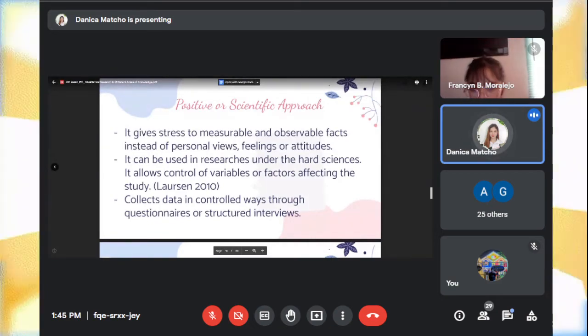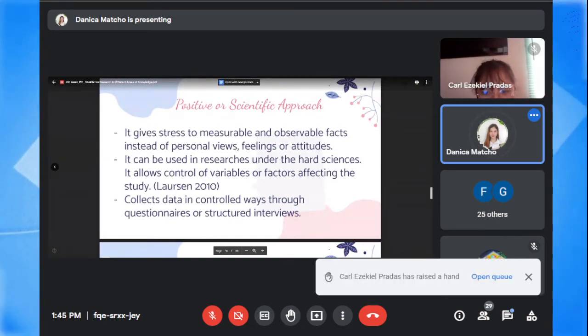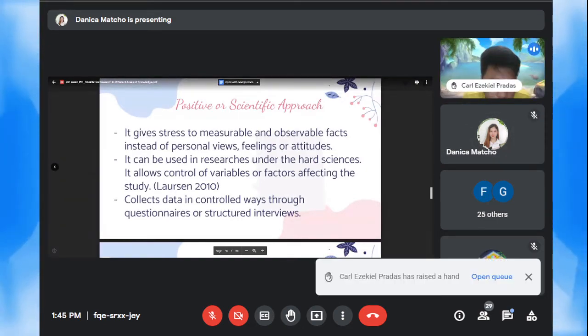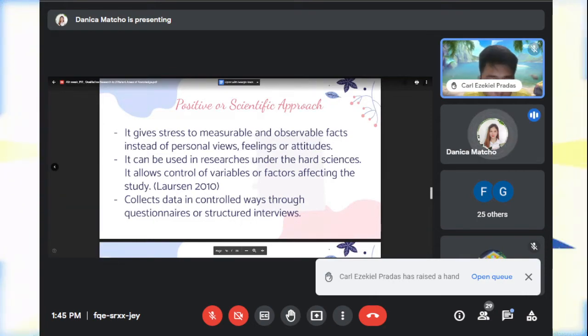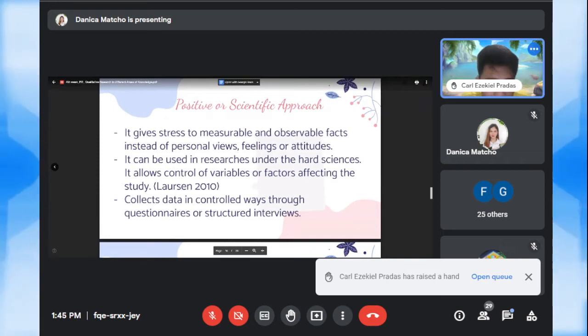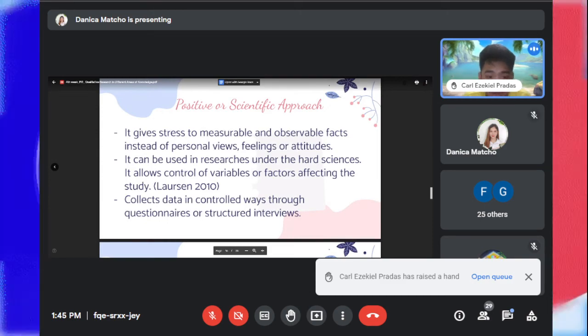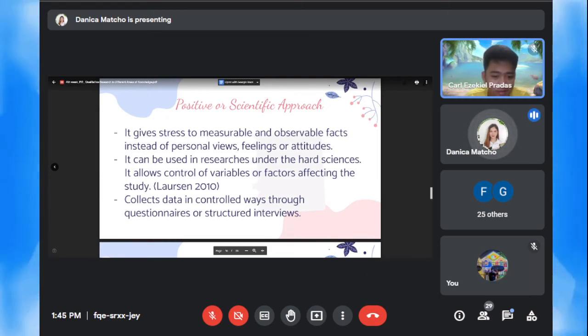It is similar to what? Yes, Carl? Sa hard science po. Why is it similar to hard science? Because hard science and scientific approach both have measurable and observable facts. Okay, very good. That is correct.